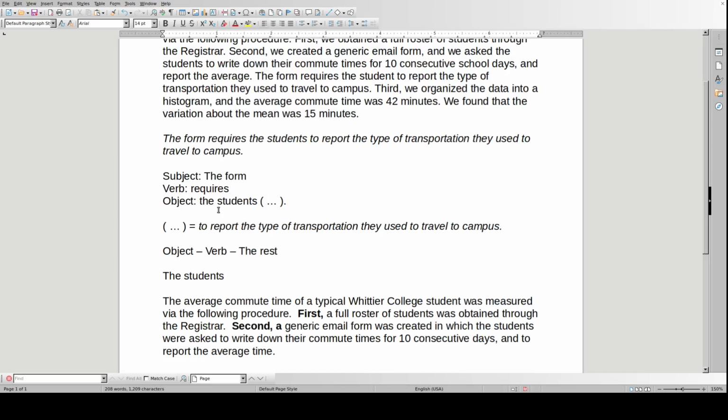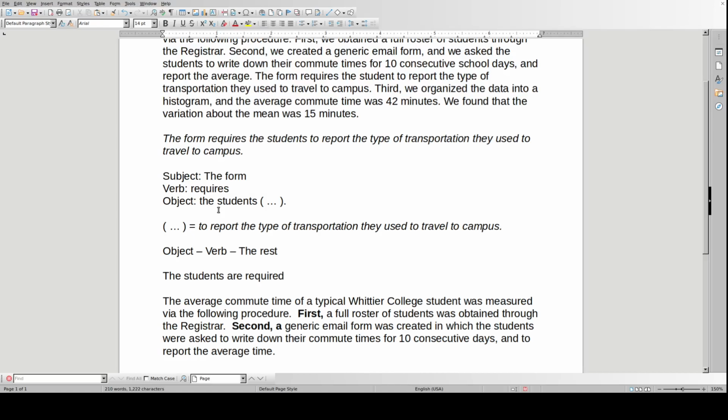It's okay that it's in the present tense. The form could still exist. It's not like the form's been destroyed. It might have been more appropriate to say the form required in the past tense the students to do something. But it's no matter because we're putting it in the passive voice anyway. So the students are required. So the verb is requires or to require, but we want to put that in the passive form.